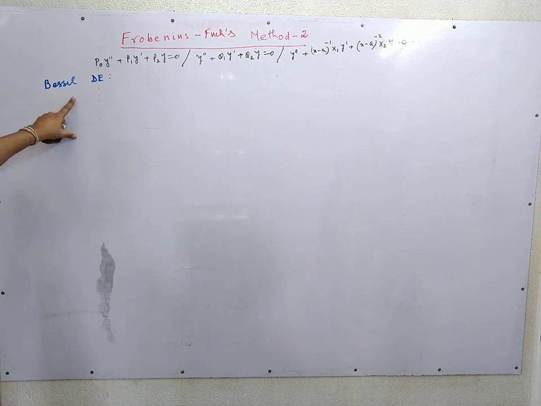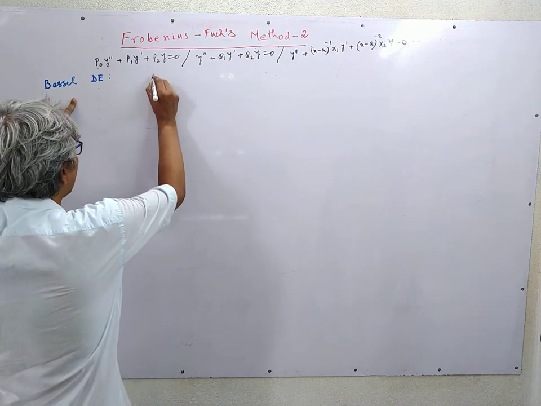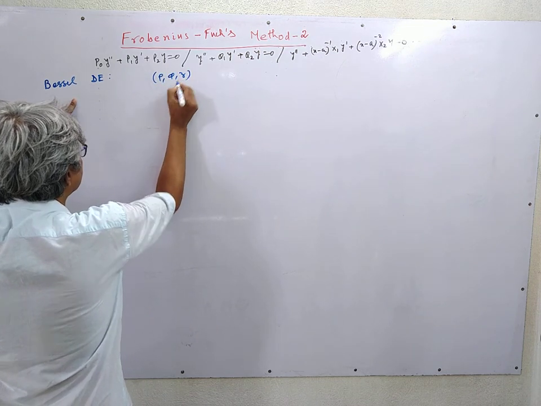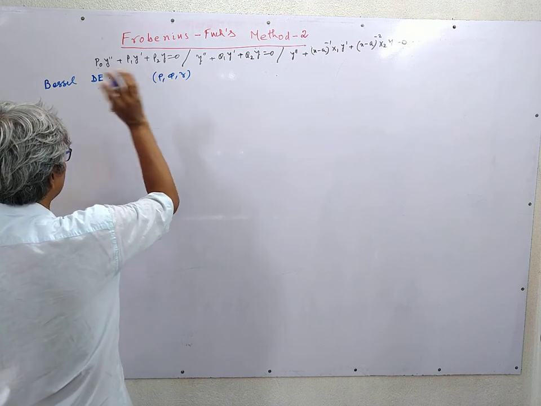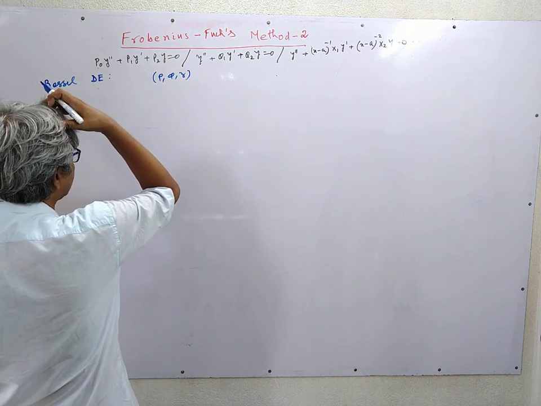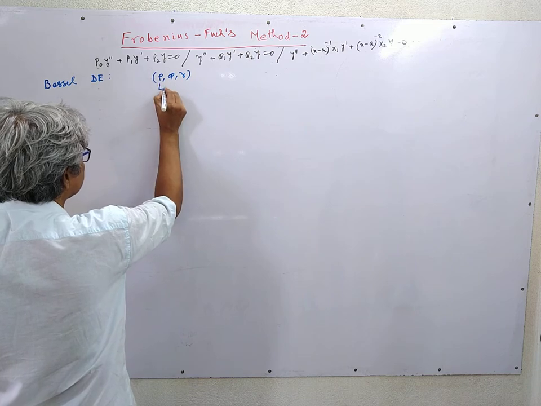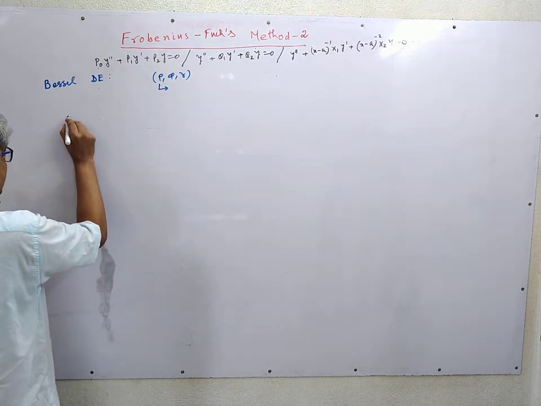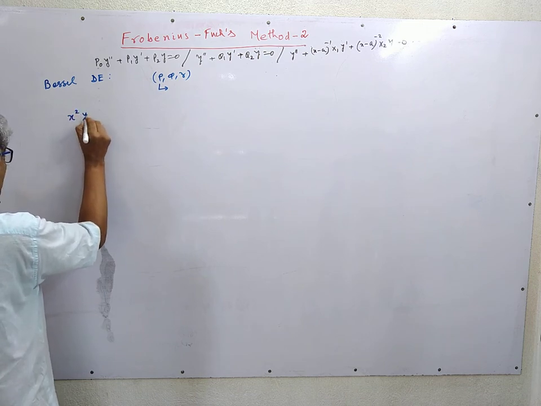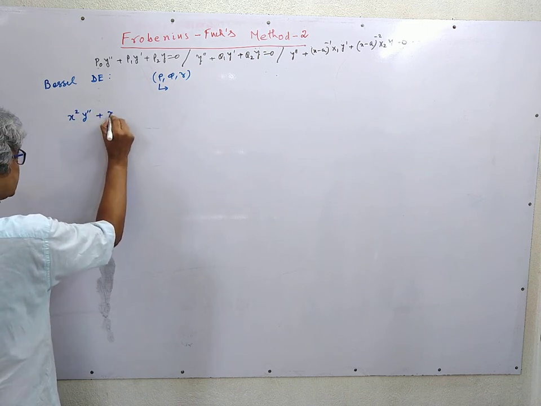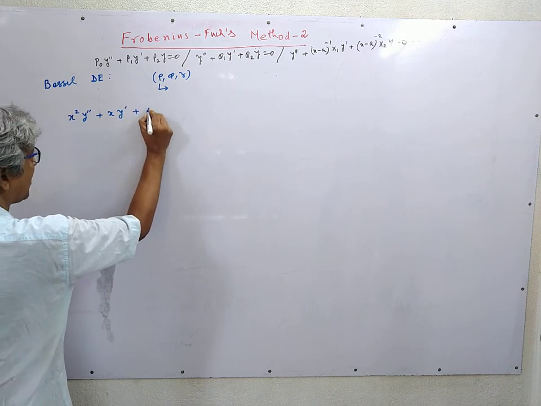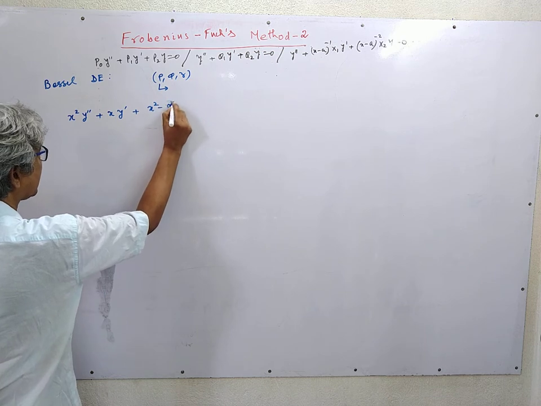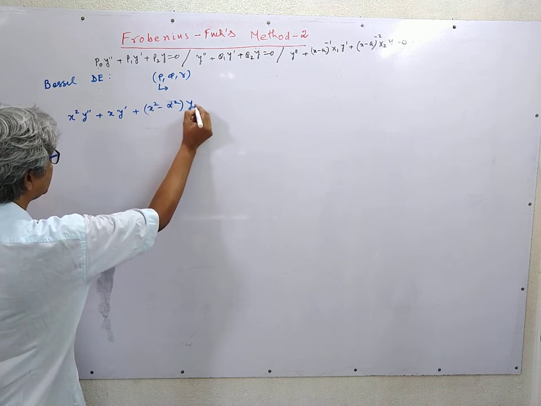This differential equation arises from the rho equation of the cylindrical coordinate system, rho phi z. When one wants to solve Laplace's equation in cylindrical coordinates, this leads to the Bessel differential equation: x square y double prime plus x y prime plus x square minus alpha square times y is equal to 0.